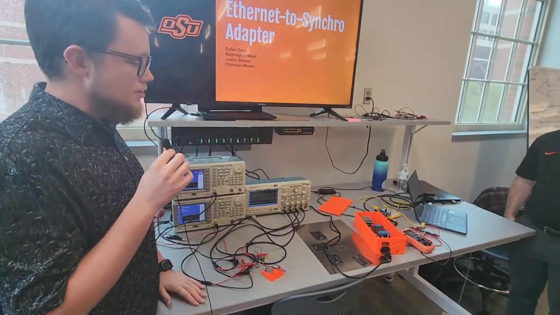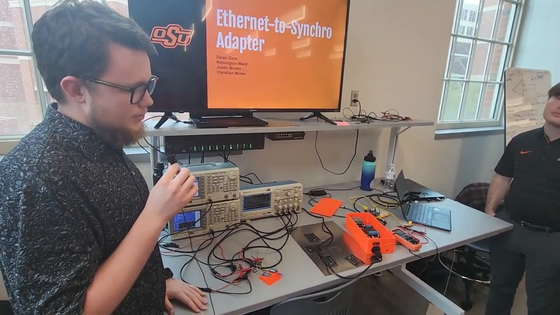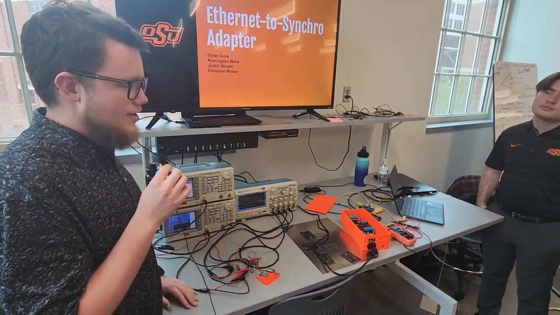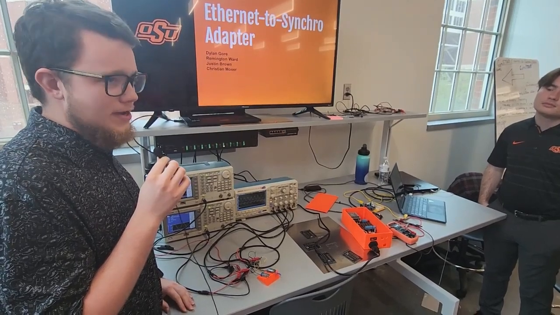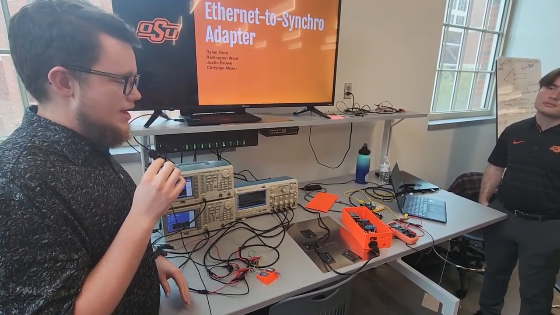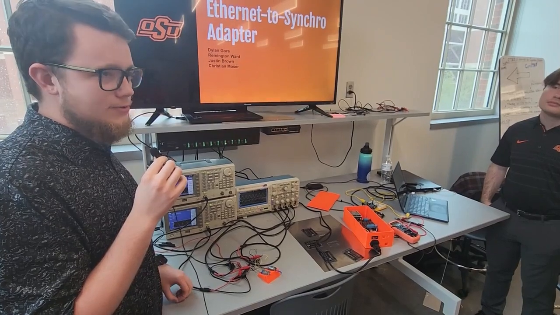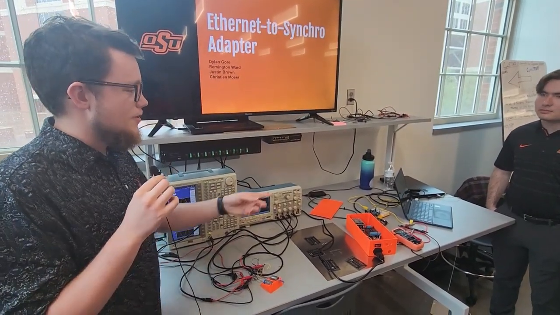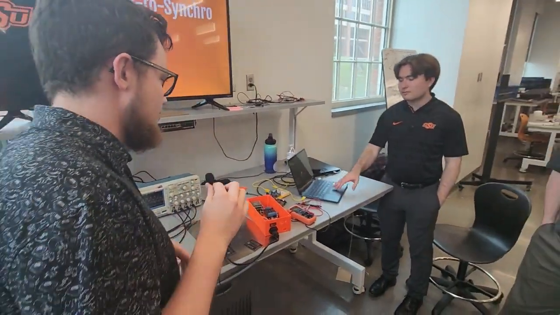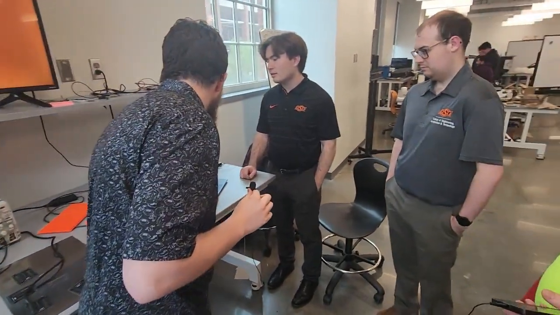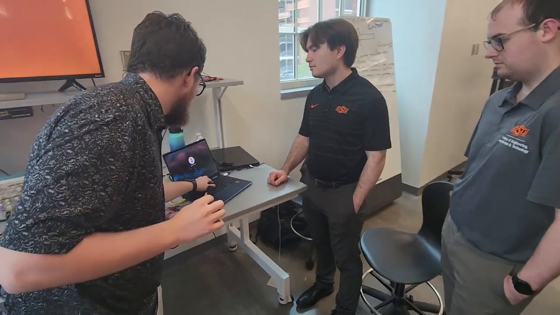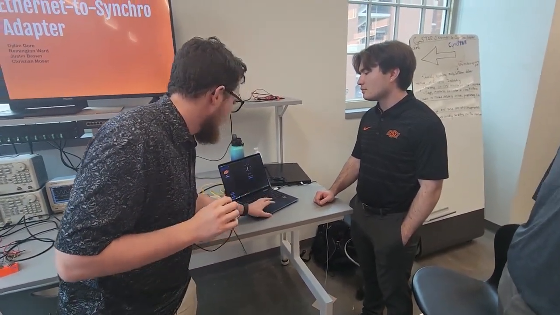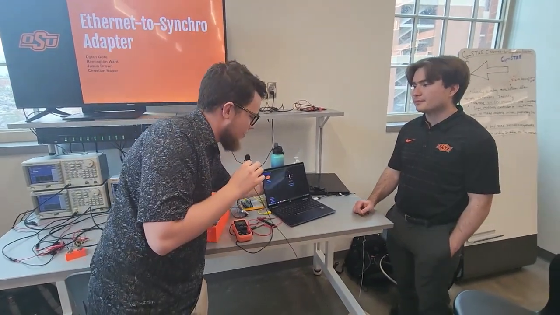Our solution for that was to use digital potentiometers and the digital synthesis chip. We can generate a sine wave with the digital synthesis chip, and then we can vary the amplitude digitally with our software using the digital potentiometers. If you want to, we can show you the software super quick. Okay, so this is our software.